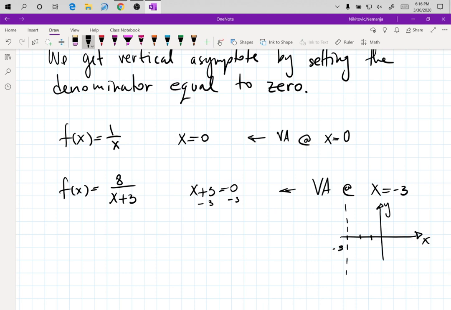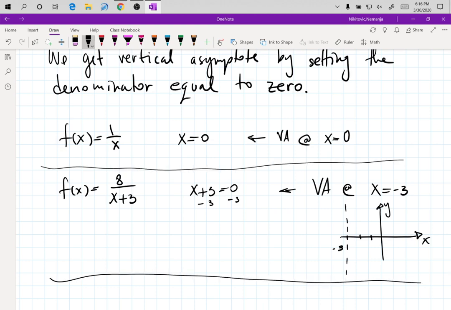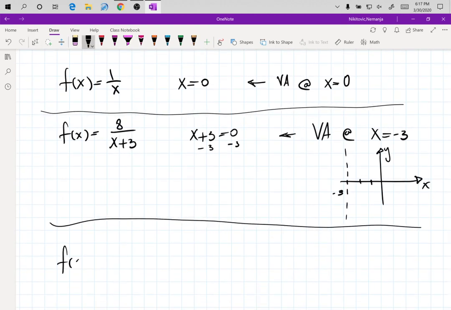And the vertical asymptote is also at the same time showing you what values you need to kick out of the domain of the function, right? So let's say these are all separate examples. Let's say we have f of x is equal to 6 divided by x squared plus 4x plus 5.